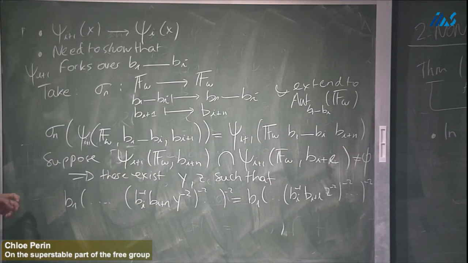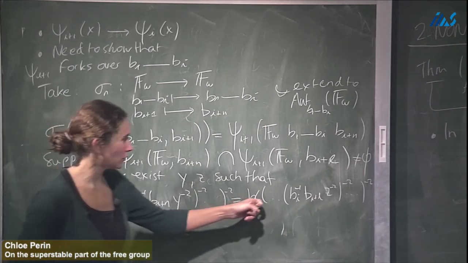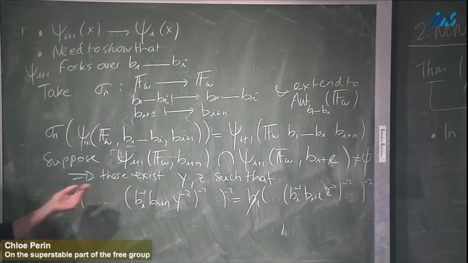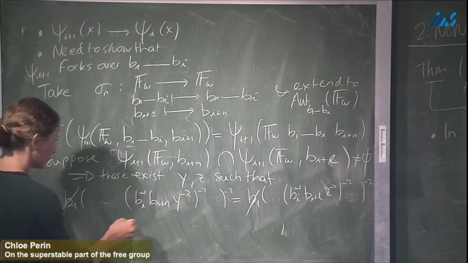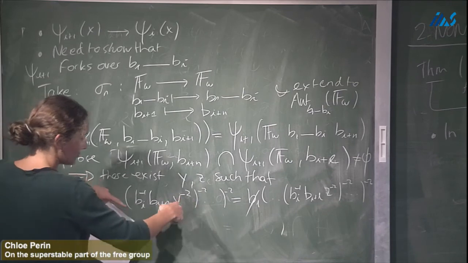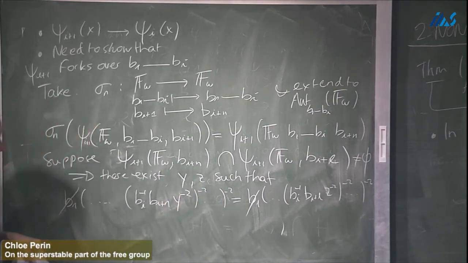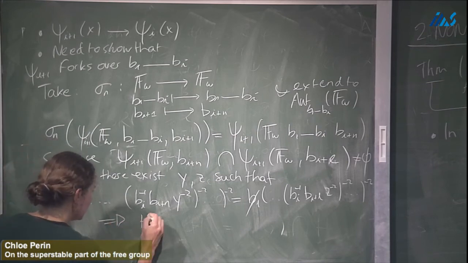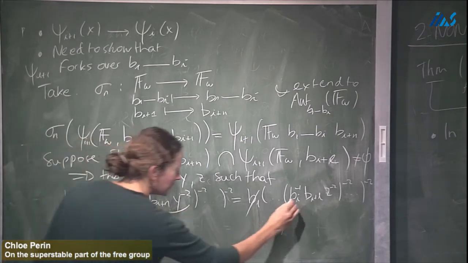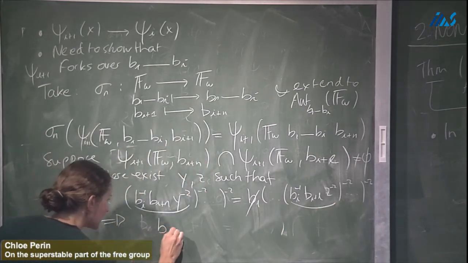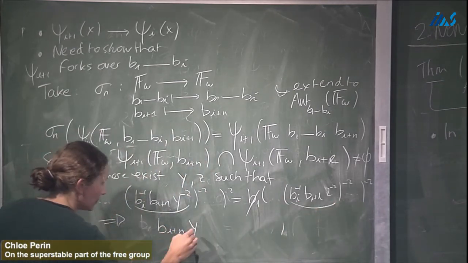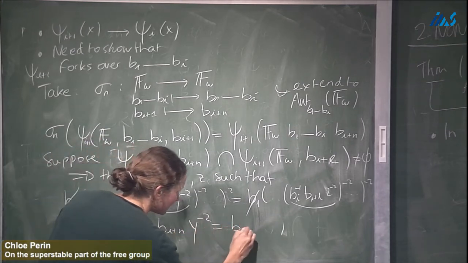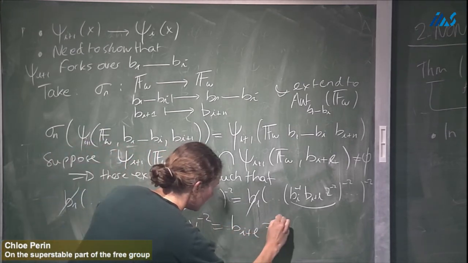Okay, but now because we're in the free group, so first of all we can just cancel out this b1. Okay, and here there's something which says that the square of something is equal to the square of something. But in the free group it means that the two things are equal. There's uniqueness of roots. And then we can continue with this, because every time we have a square of something equals to a square of something. So in the end, we get that this thing should be equal to this. We get bi plus n, I cancel out the bi plus 1, bi plus L z minus 2.